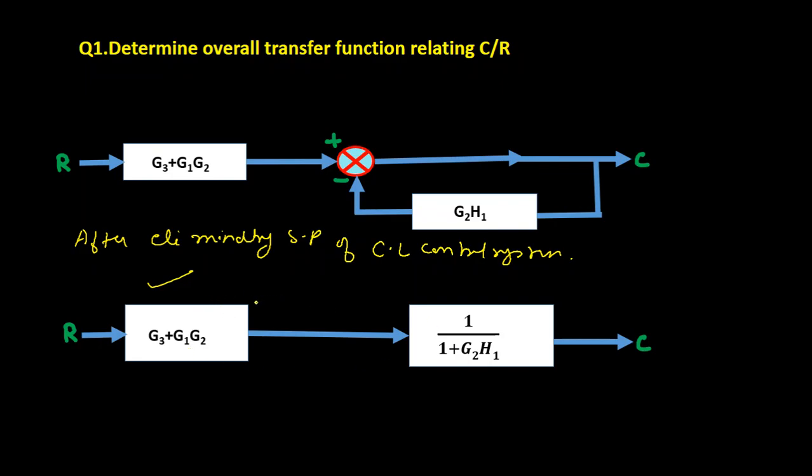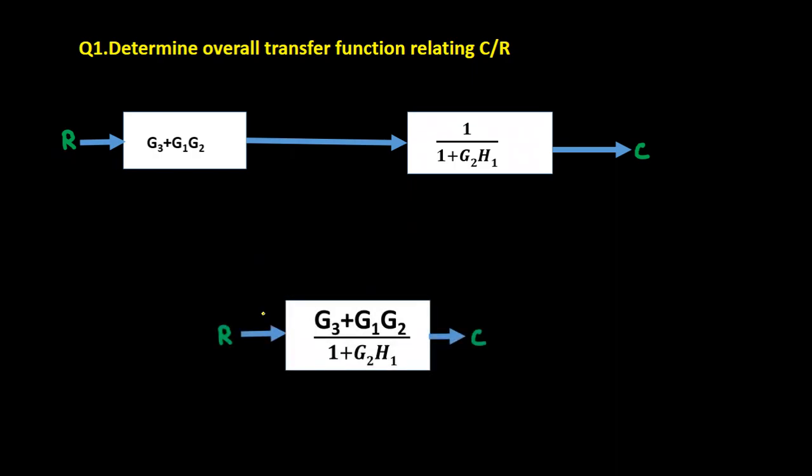Now we can see that these both blocks are in cascade with each other. So we know that when two blocks are in cascade, then the resultant or the overall transfer function will be the multiplication of the individual transfer functions. So the overall transfer function of this system will be G3 plus G1 G2 divided by 1 plus G2 H1.